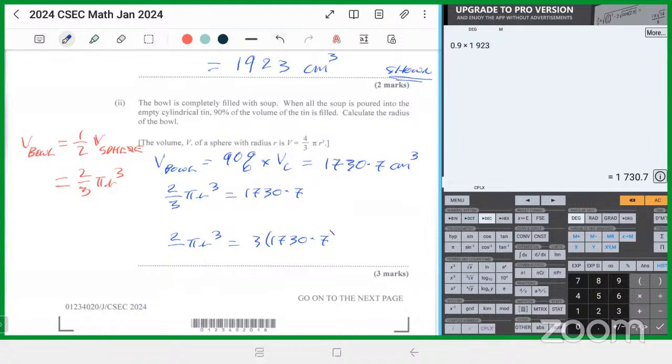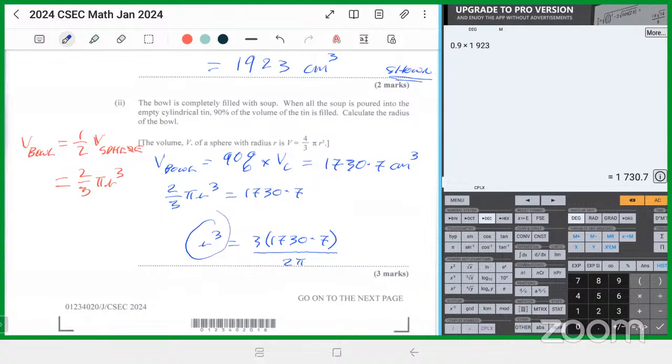Then I'm going to divide by the 2 and the pi. So I'm taking the 2 pi and putting it under here. So divide by the 2 pi. And the 2 pi will be gone. Just erase those. And now, this is r cubed.